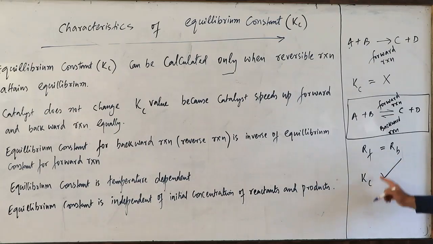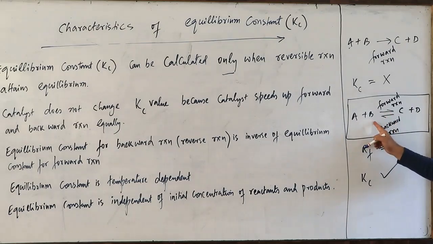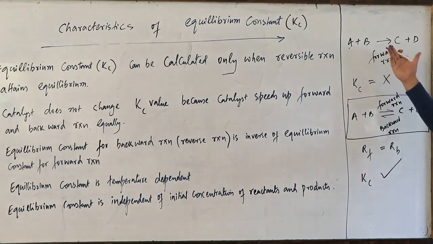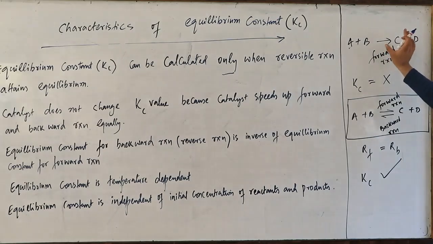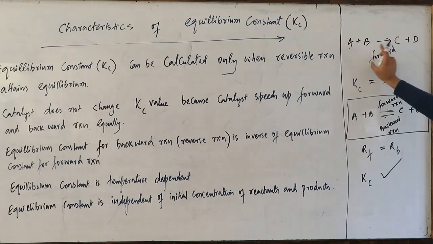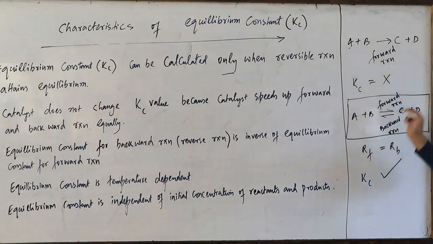So Kc value can be calculated for this reaction but not for this reaction, because this is just only a forward reaction. This reaction has not reached equilibrium. Yes or no? It is only a forward reaction, A plus B gives me C plus D. But this reaction is a reversible reaction, where reactants are changing into products and products are changing back into reactants.